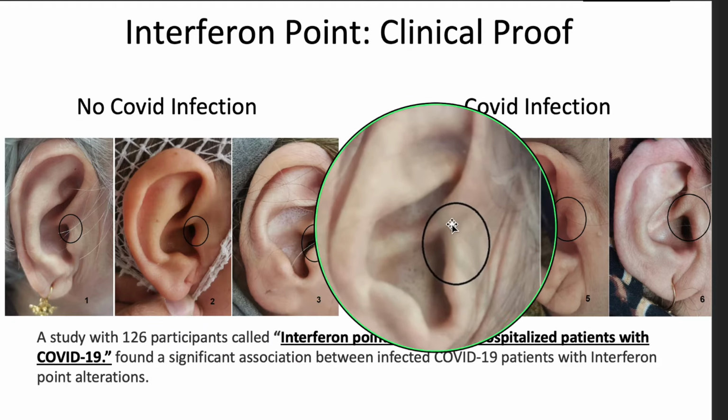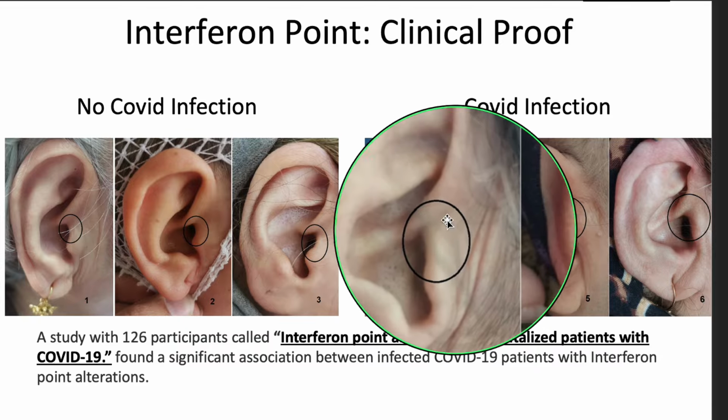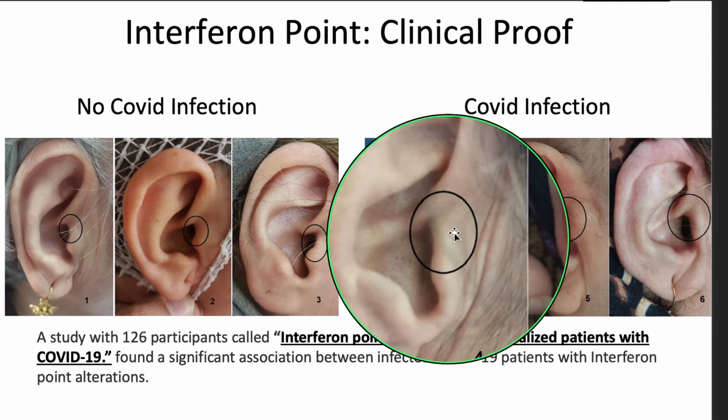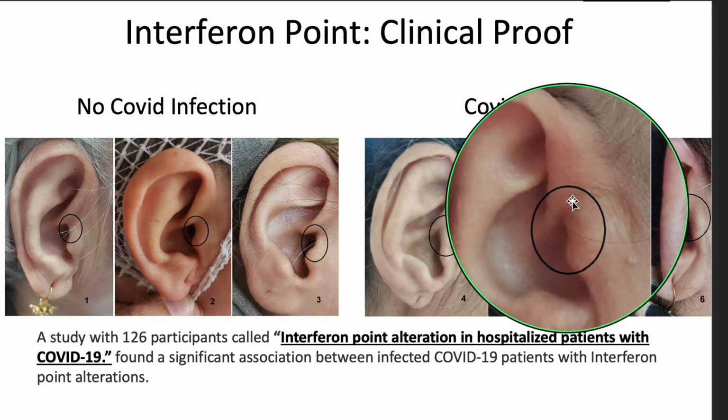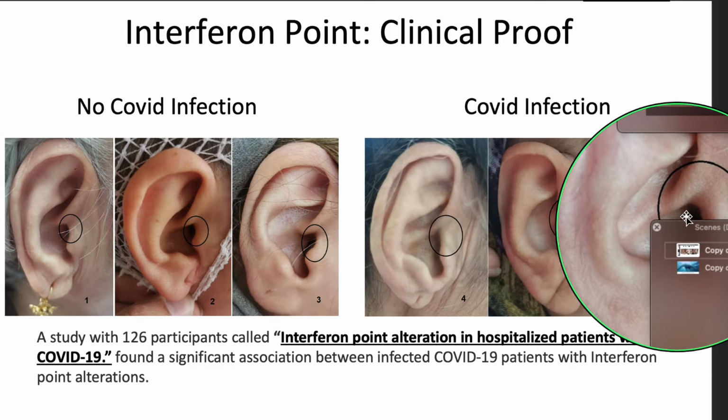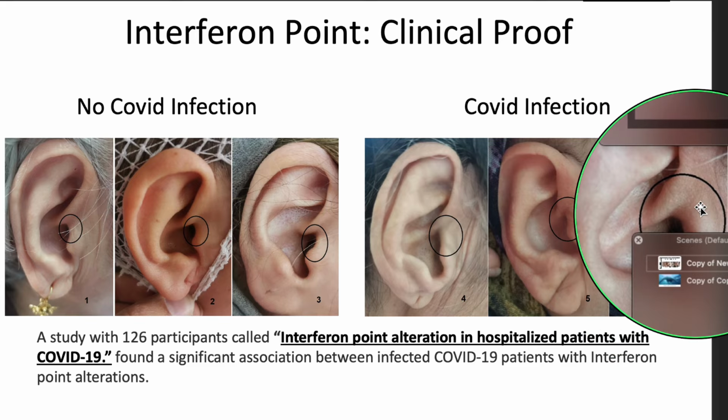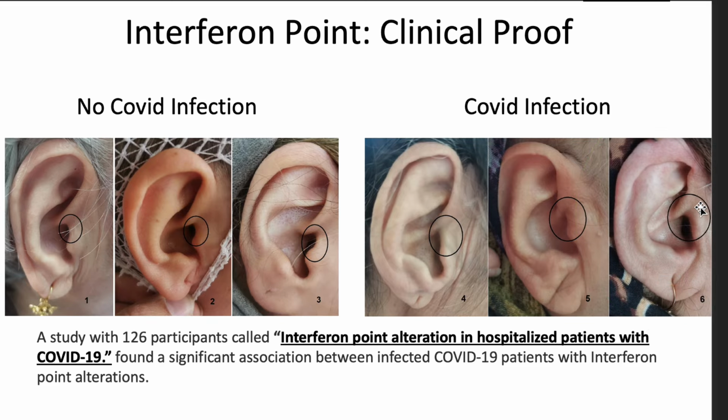Then these 3 patients do have COVID, and each one, you can see this interferon point is inflamed. It's edematous. That's the tissue changes I was talking about. So by visual inspection, you can see the deficient areas that are chronic, and then take your point finder or an ear probe to really hone in on the deficient point that you wish to treat.